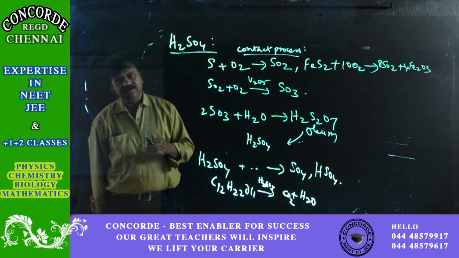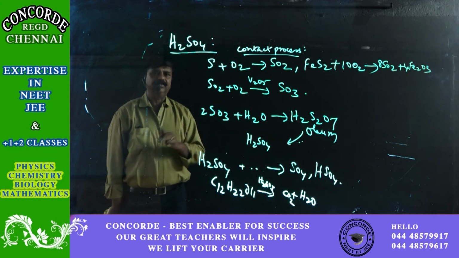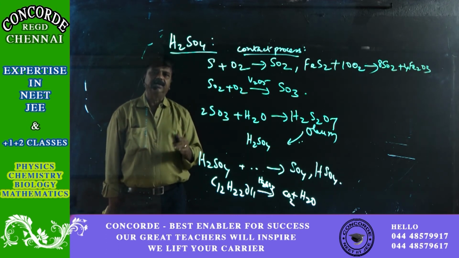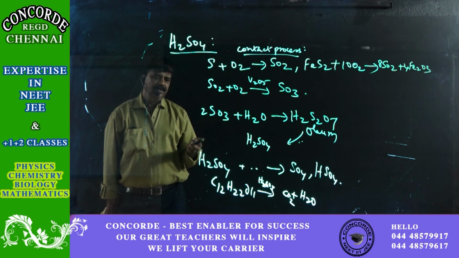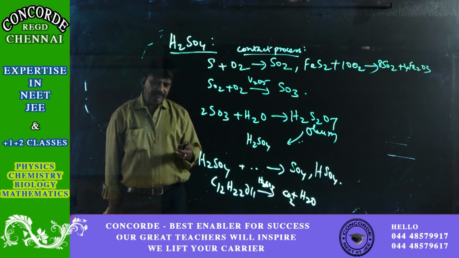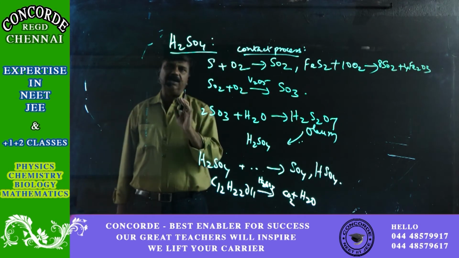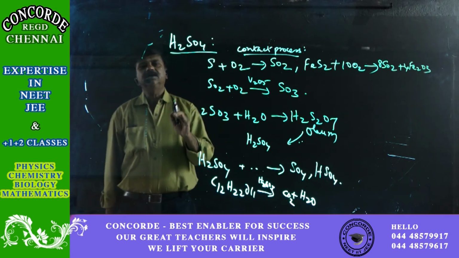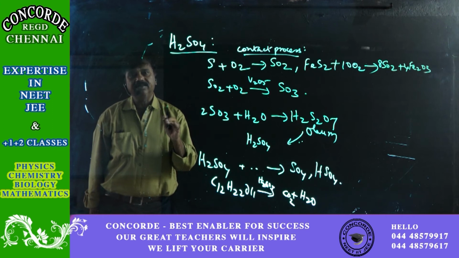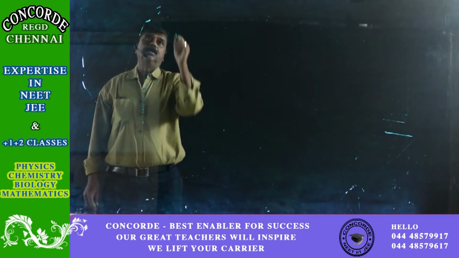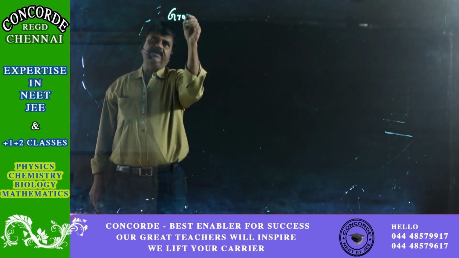And it is used in the preparation of any of the sulfate salts, like copper sulfate or other products which have a lot of commercial application. So H2SO4, as I have told you, is a very important chemical in measuring the industrial development of any country. Now let us go to group 17 elements.